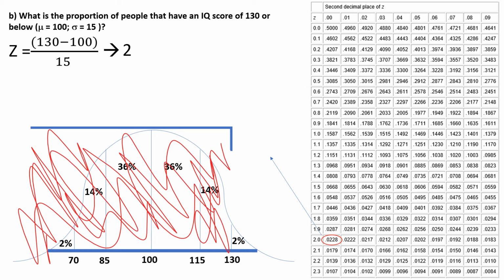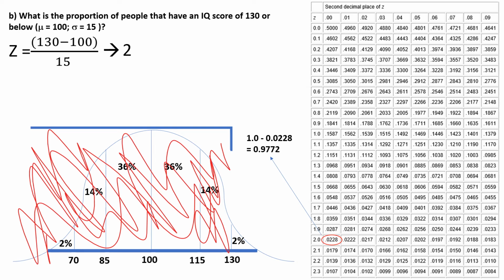But look at that shaded area. Does that look like 2.28%? It isn't. So we're going to need to take the whole distribution. It's 100%, right?